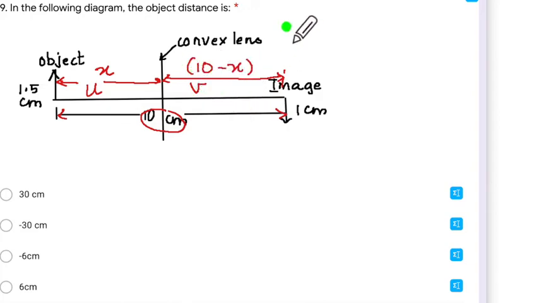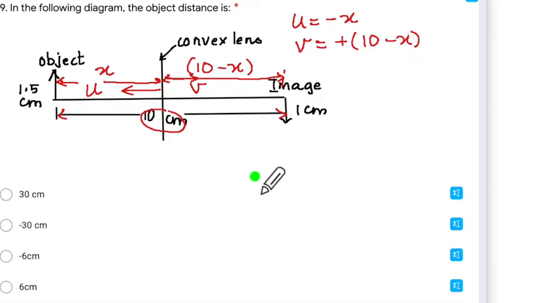All right. So the object distance is going to be x, but because it is this side from the lens on the left, it will be negative, and your image distance, which is v, is on this side of the lens on the right, so it will be positive 10 minus x.